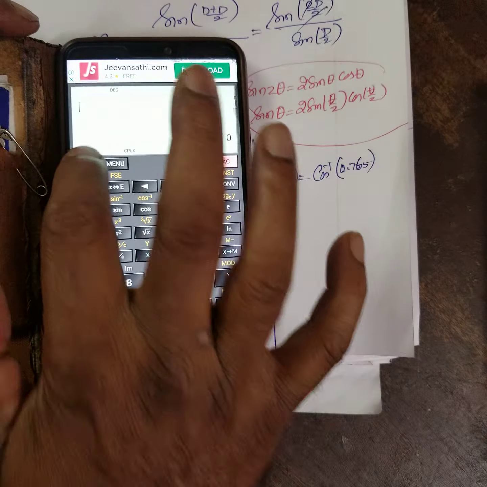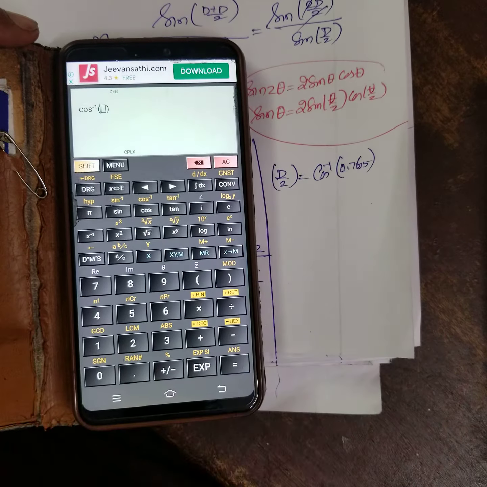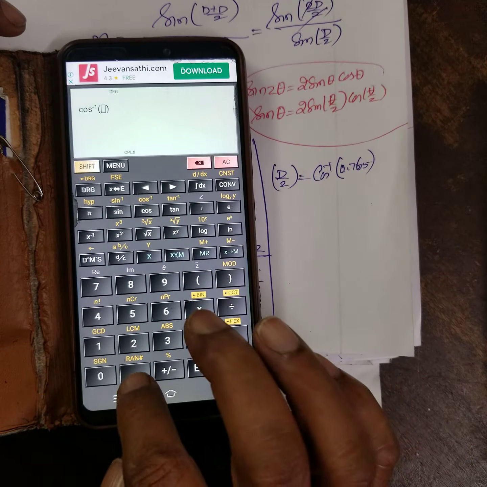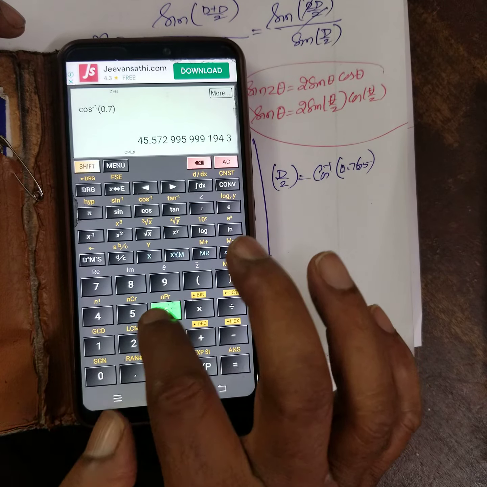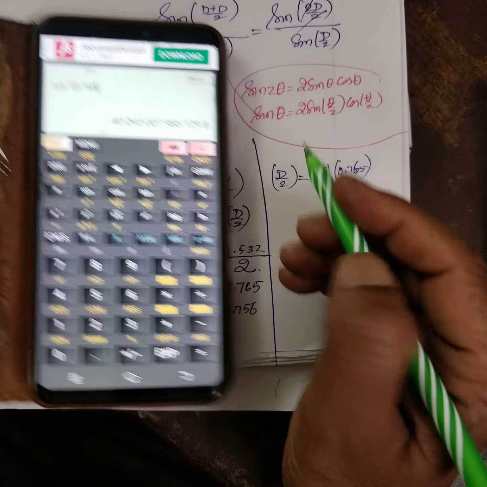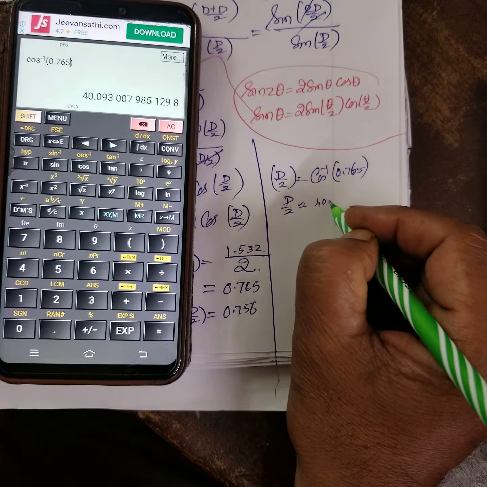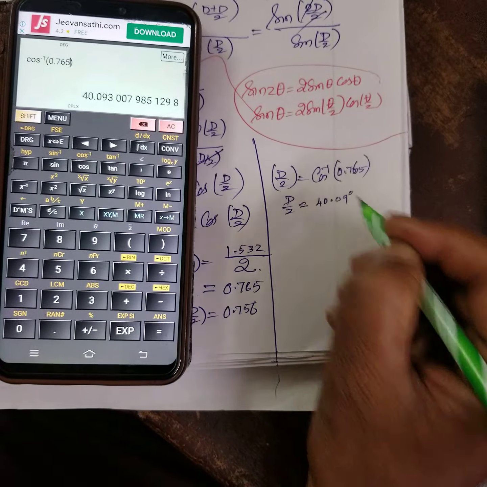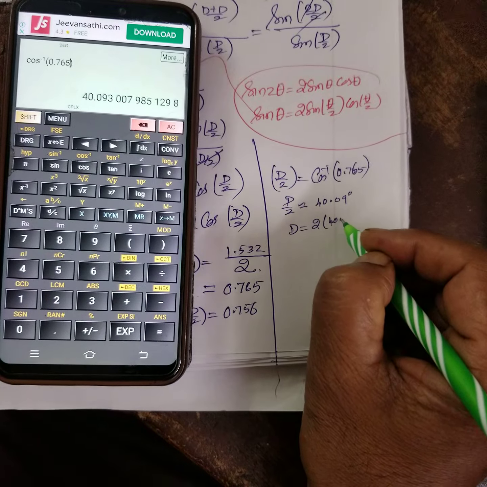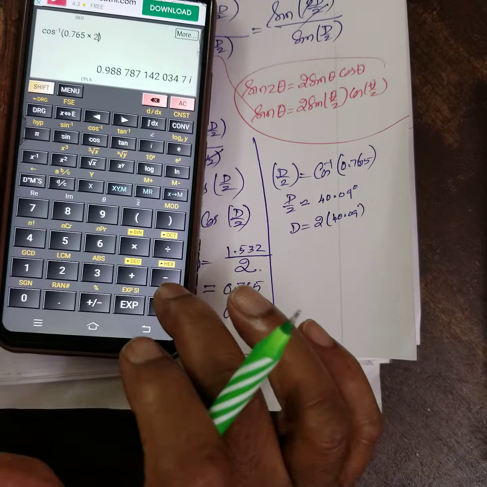For cos inverse, you press shift, then cos, and inside you write 0.765. How much? About 40 degrees. It is 40.09. Therefore, D by 2 is nearly equal to 40.09 degrees, or D is equal to 2 times 40.09 degrees. That means multiply by 2.